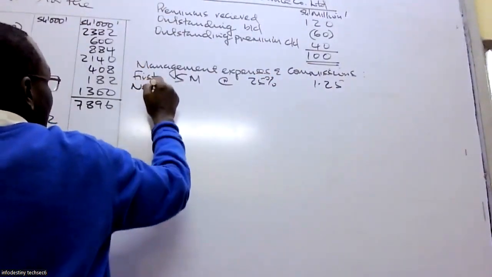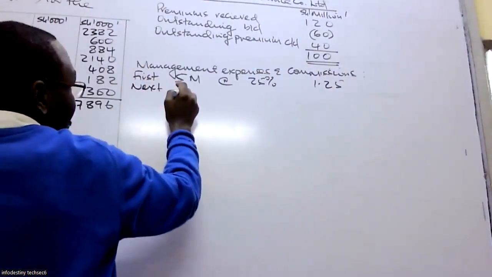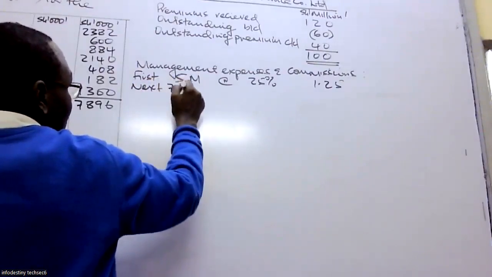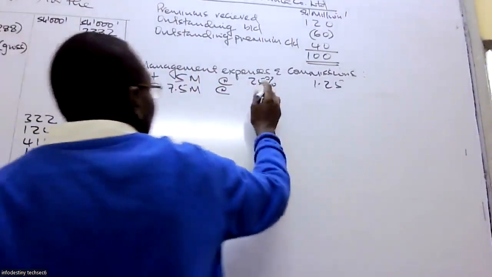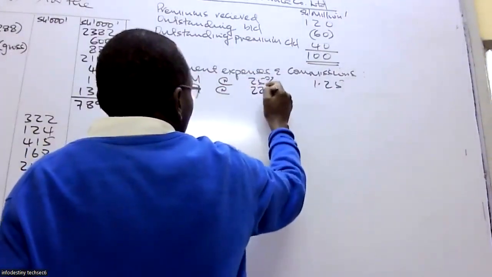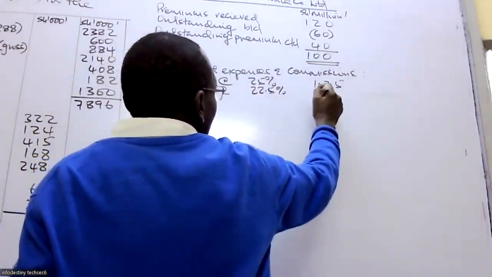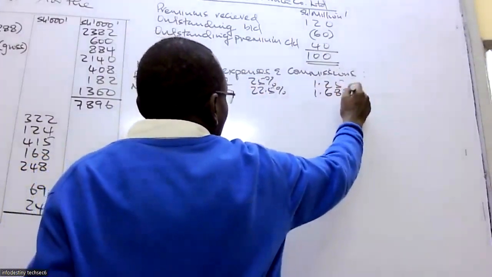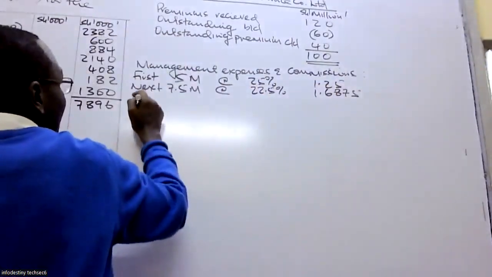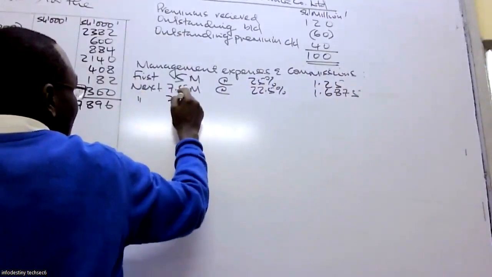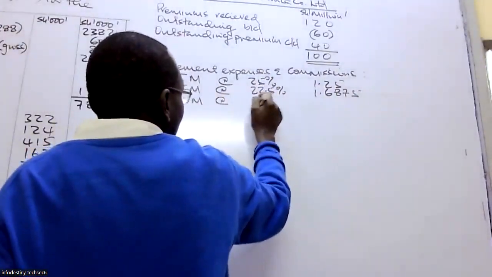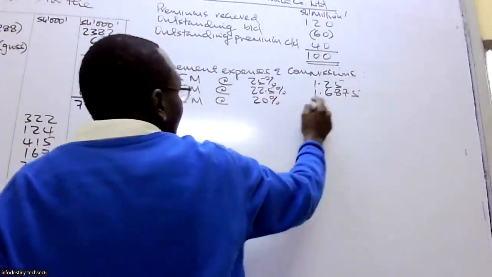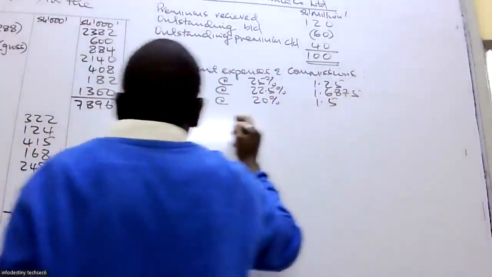The next goes up by 2.5, 7.5 million. This one reduces by 2.5 to 22.5%, and that gives you 1.6875. Then the next is constant, 7.5 million. This one reduces by 2.5 to 20%, and that's 1.5 million.